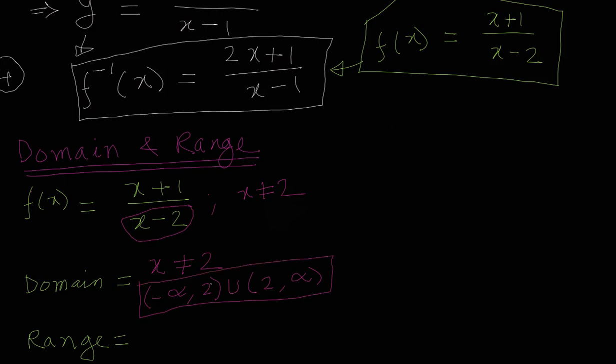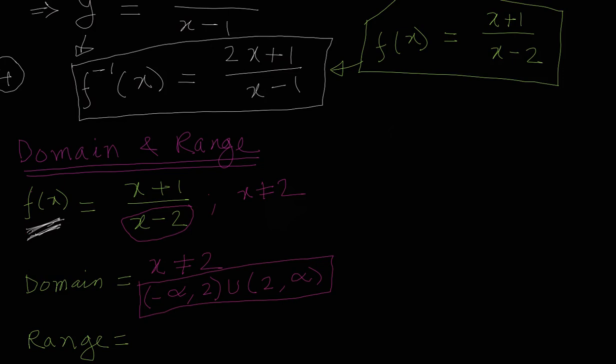Now if I want to find the range of this function f(x), the definition of range is the y values of this particular function. It is not going to be easy to find from this function. So what I'm going to do is try to find the inverse of this function.